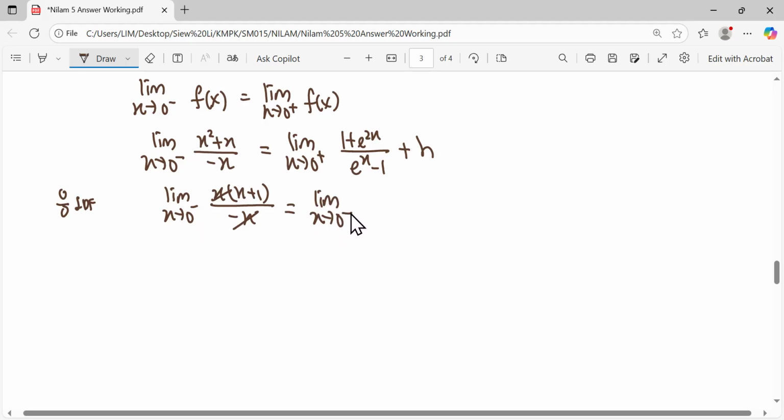And on the right-hand side, when I substitute, 1 plus e^0 is 2, and the denominator is 1 minus 1 plus h, which is 0, so 2 over 0. Very obviously, our function here hasn't been simplified because we have two terms. What we can do is try to simplify it into a single function so that we can solve this problem.